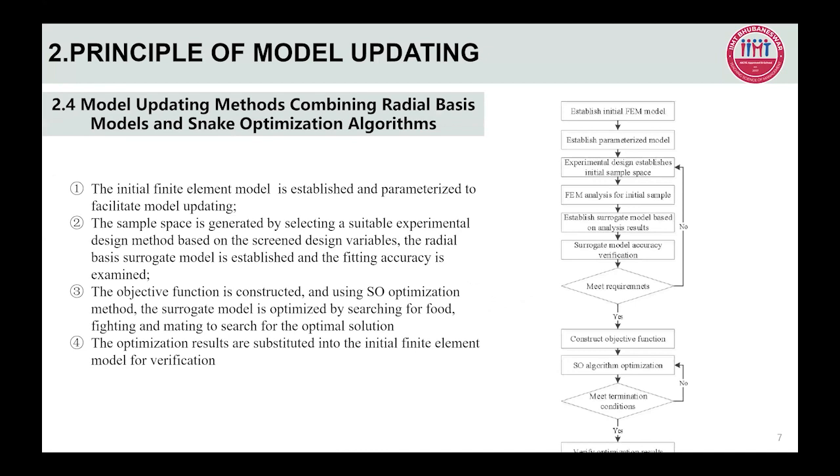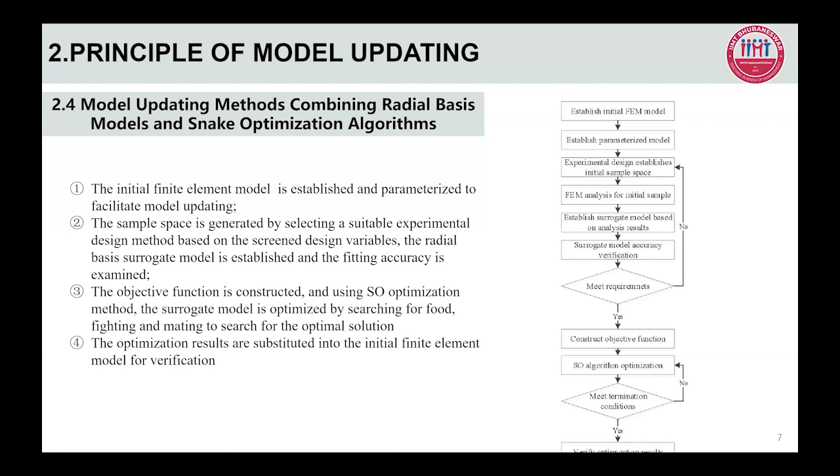The initial finite element model is established and parameterized to facilitate model updating. The sample space is generated by selecting a suitable experimental design method based on the screened design variables. The radial basis surrogate model is established and the fitting accuracy is examined.